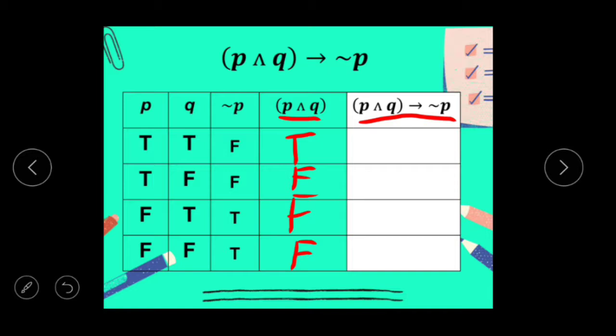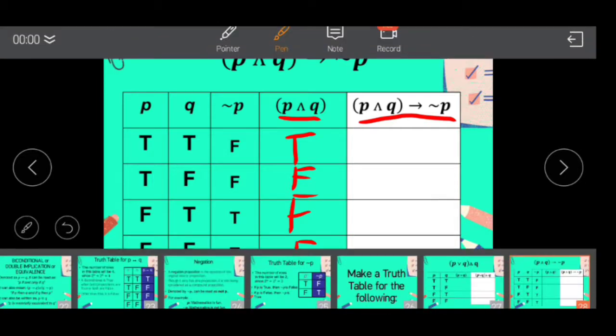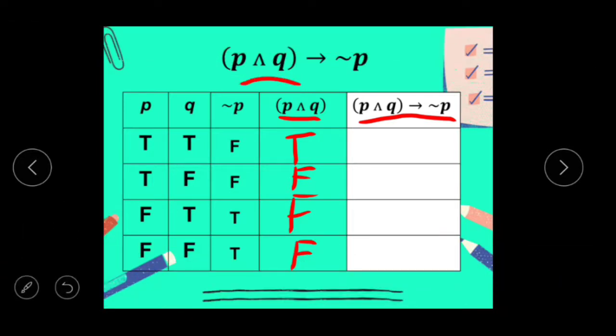Next. So, doon naman tayo sa P and Q. Imply daw natin kay not P. So, ito. True and false, false yan. Kasi 'di ba lahat ay true maliban na lang kung yung first is true at yung second na proposition ay false. So doon na tayo mag-false.